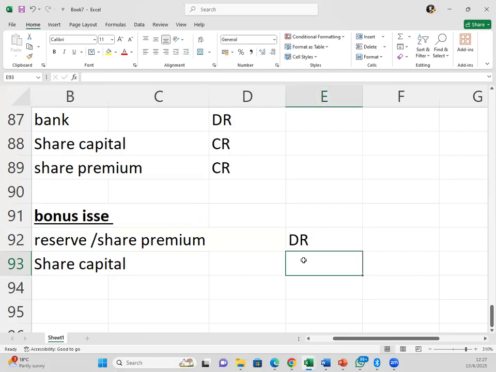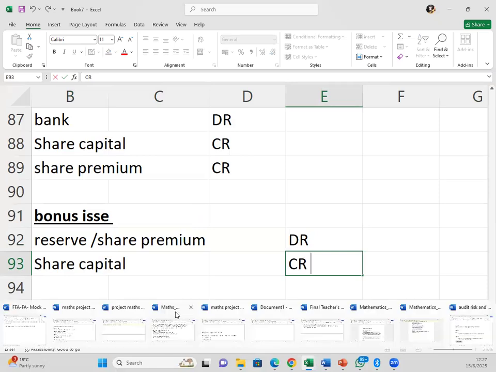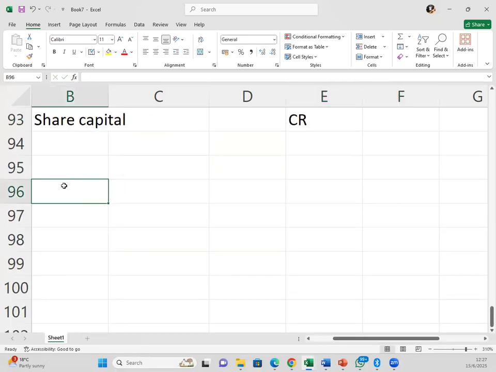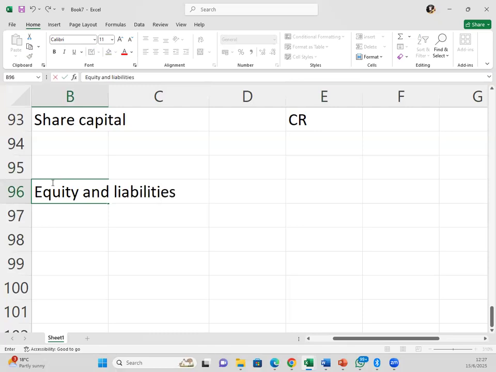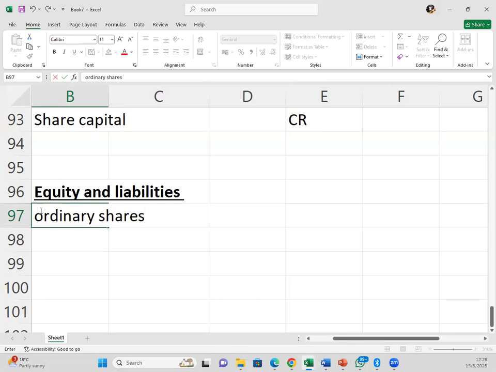How does it work? The debiting the reserves system, how does it work? So let's assume we had the following before the issue. In the equity and liabilities section of the balance sheet, we have our ordinary shares, 100,000.